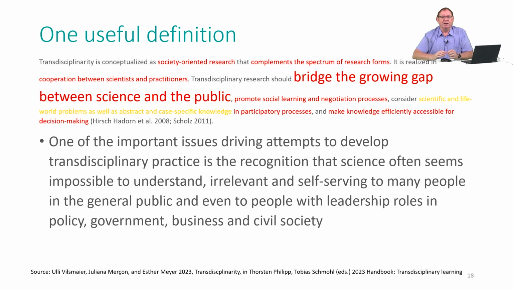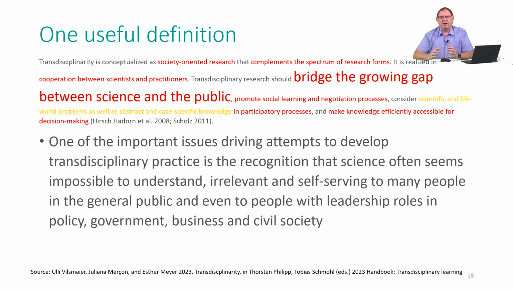The next component of the definition talks about bridging the growing gap between science and the public. One of the important issues driving attempts to develop transdisciplinary practice is the recognition that science often seems impossible to understand to ordinary people, and it seems irrelevant and self-serving to many people in the general public, and even to people with leadership roles in policy, government, business, and civil society.